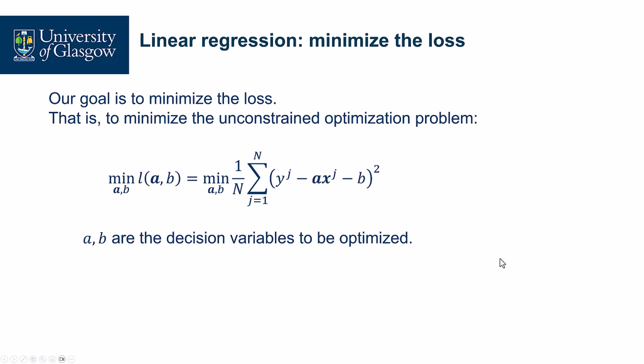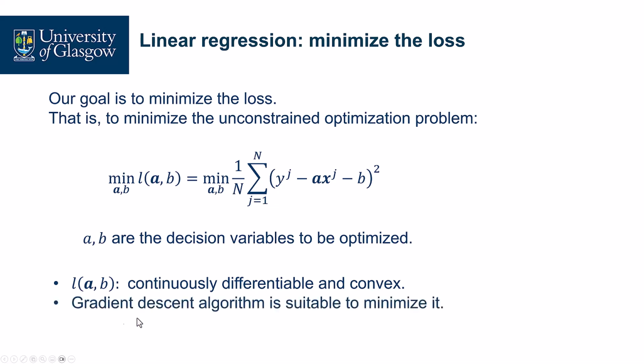Also, this function is continuously differentiable and convex, so we know there's only one optimum. This is the local optimum, and it's also the global optimum, and it's continuously differentiable, using calculus knowledge. So one method that is fit for this optimization is a gradient descent algorithm, right?